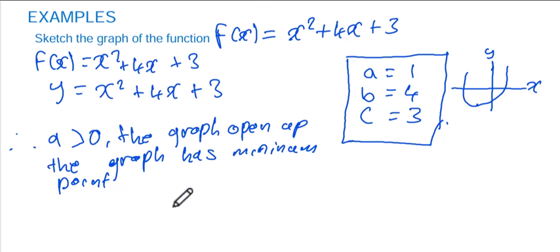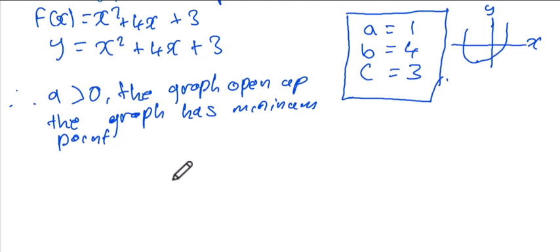Then we are told to find the turning point. So how do we find the turning point? To calculate the turning point, we use the formula x is equals to negative b over 2a. In this particular case, we substitute what we have been given in our question.